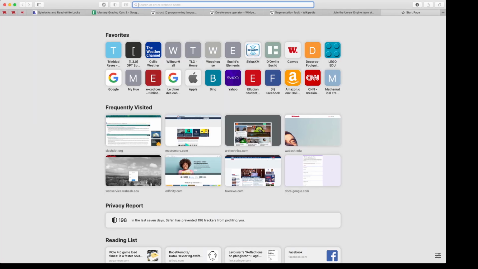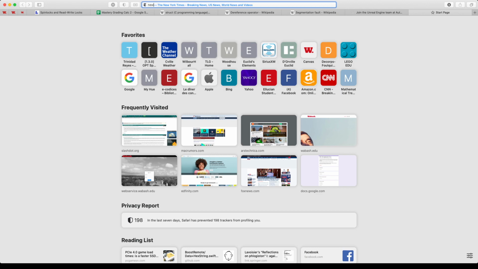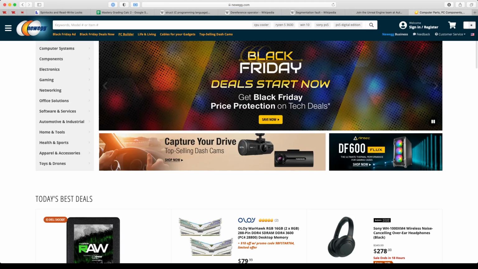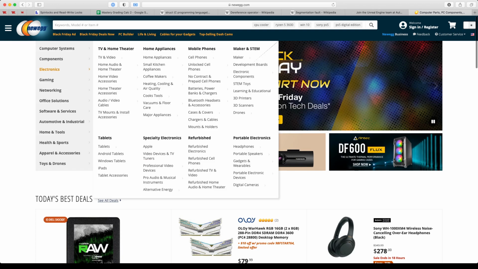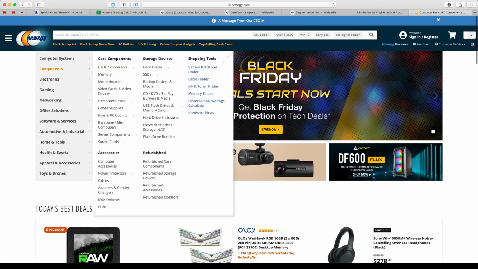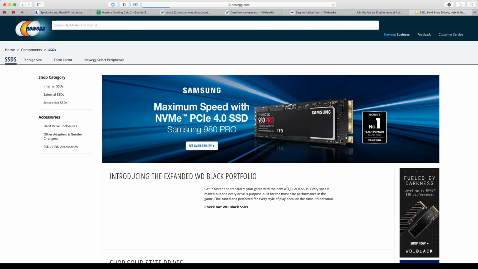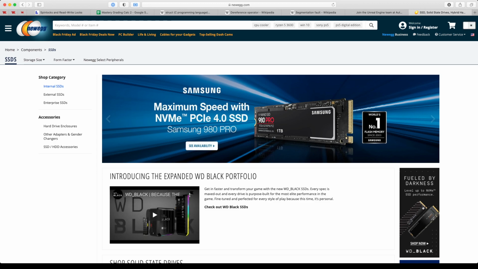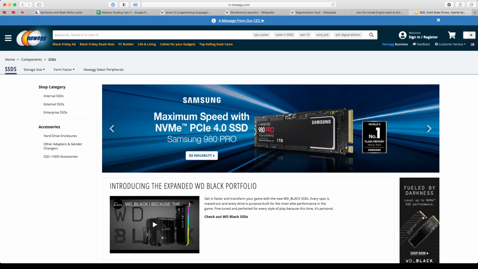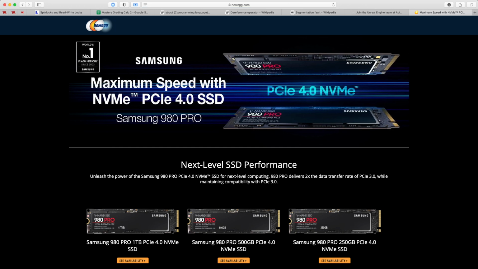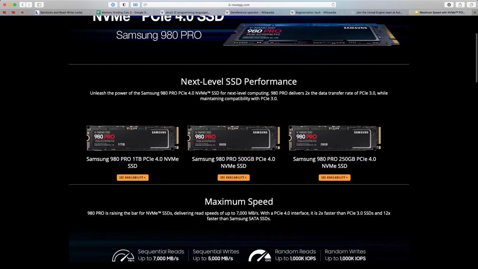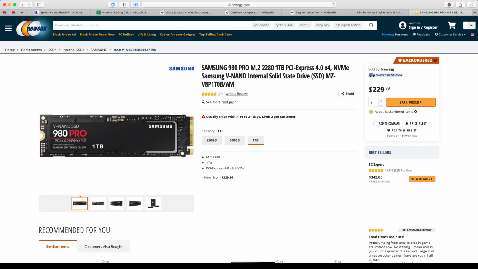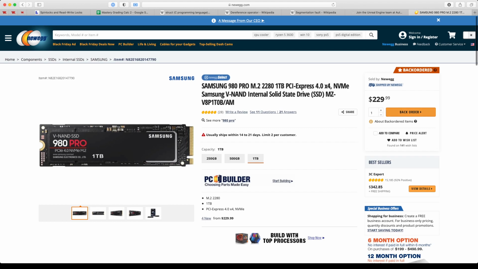All right, so we want to buy an SSD. Here we go. This one's going to be ballin' fast. Let's look at the 1 terabyte one. Okay, they're on back order.